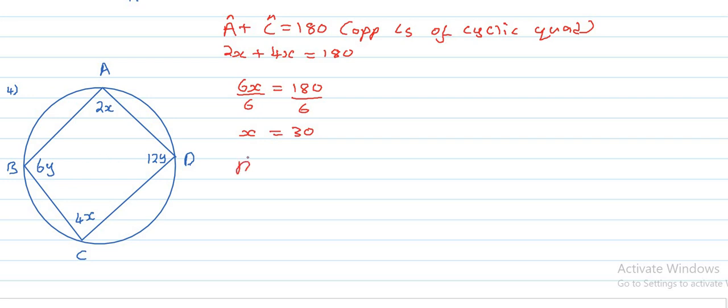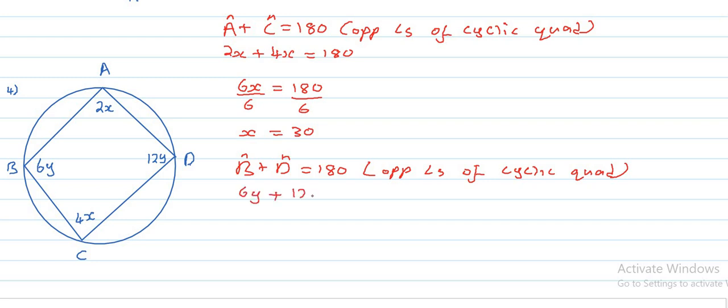You're going to say angle B plus angle D equals 180. What is the reason? Opposite angles of a cyclic quad. Angle B is 6y.